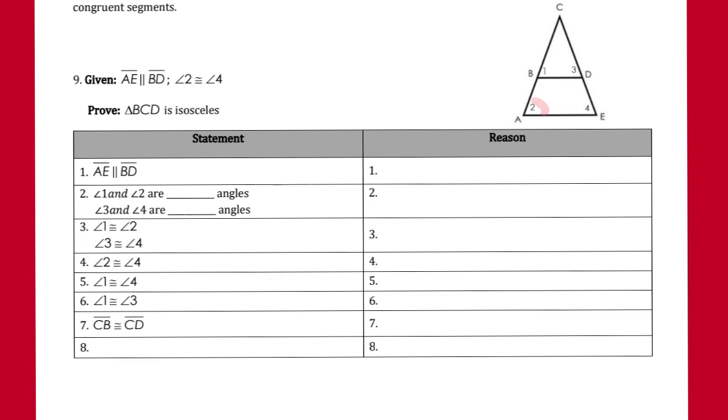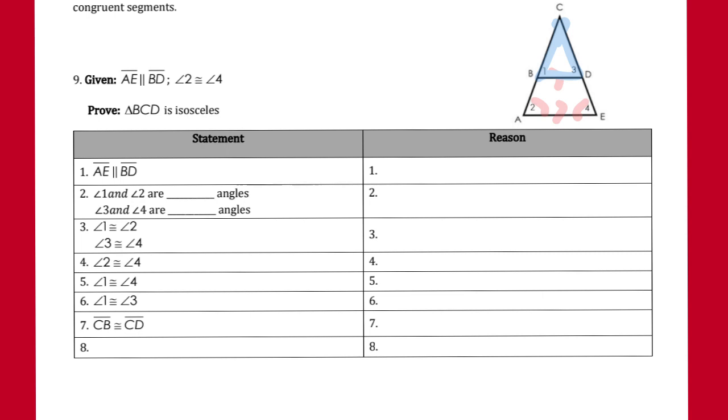If you label what you know, these two angles, 2 and 4, are congruent, and you know that these two lines are parallel. We're trying to prove that this top triangle, BCD, is going to be isosceles.